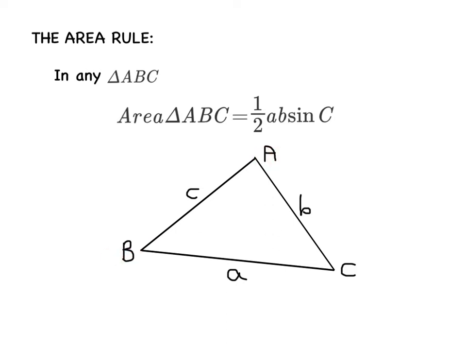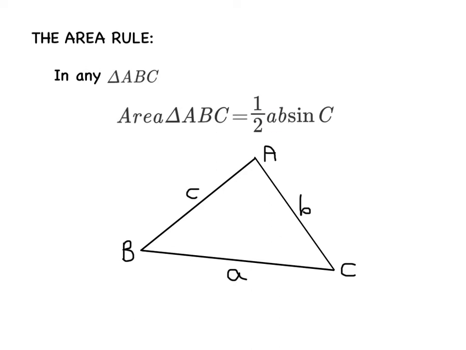Vertices are always labeled with capital letters, and they refer to angle A, angle B, and angle C. Directly opposite angle A, the side is called little a. So instead of having to label the side BC, we can also label it little a. Opposite angle B is side little b, and opposite angle C is side little c or AB.